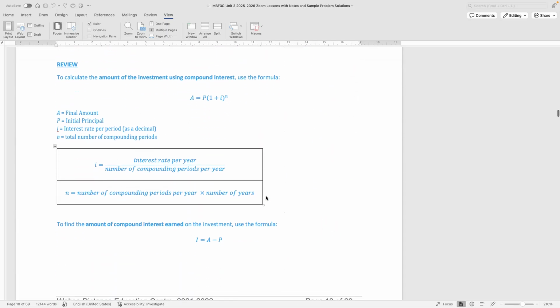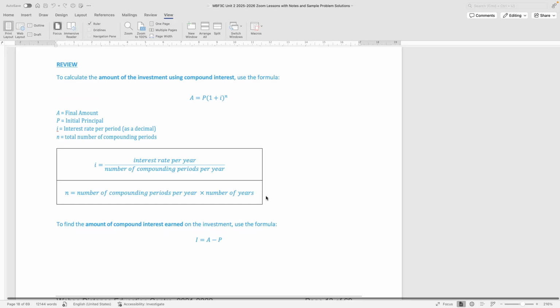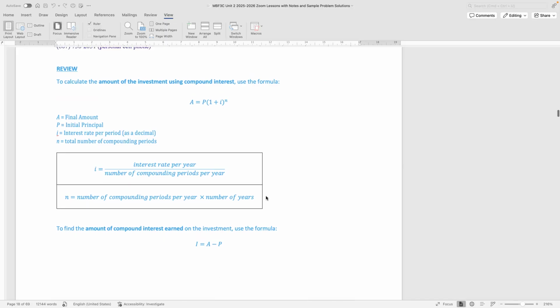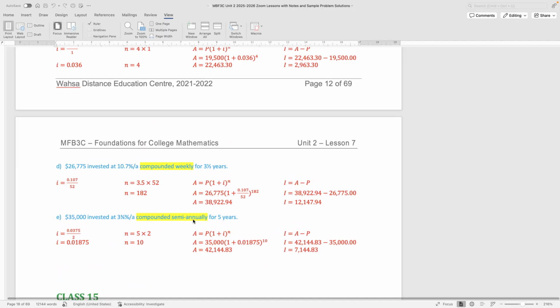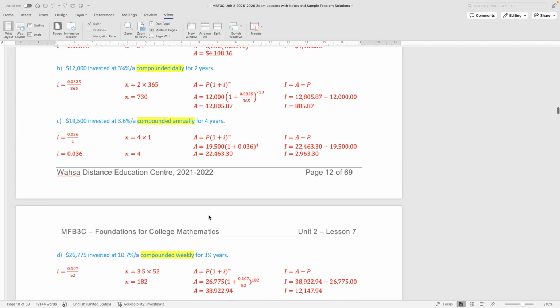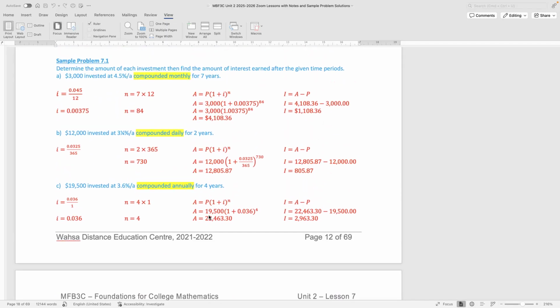And then n is the total number of compounding periods, found by the number of compounding periods per year, right from that table, times the number of years. We did some examples yesterday. I think we did 5 examples where we compounded semi-annually, weekly, annually, daily, and monthly.